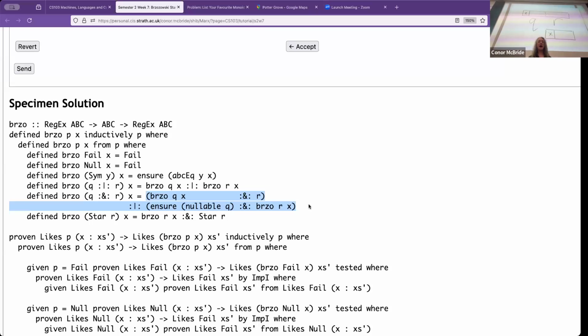It's that we're saying either the X was at the beginning of the Q and the R was left alone, or the Q was empty. The Q was nullable, and we were at the beginning of an R. So we were left with the rest of the R. So that's why this is the way it is.